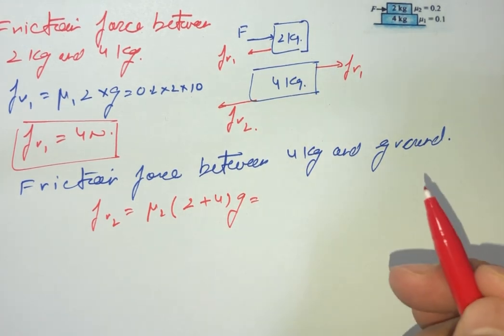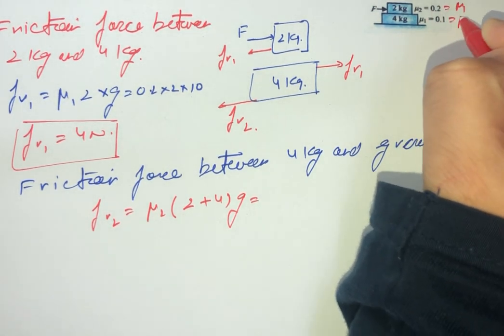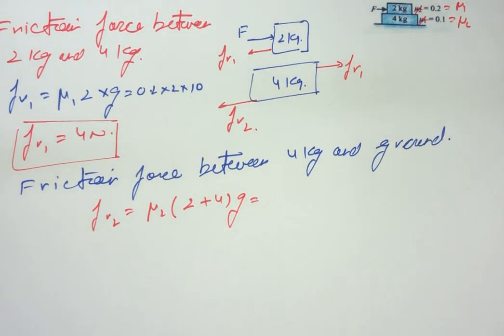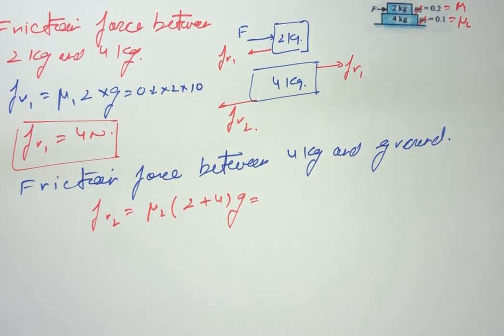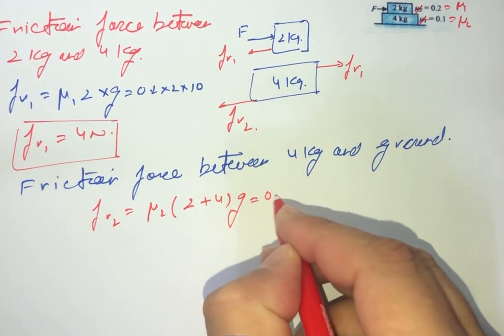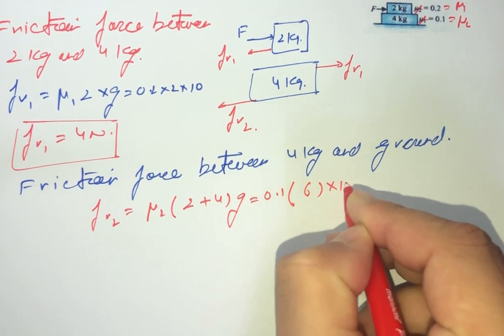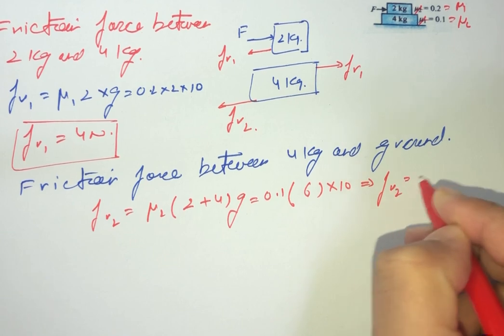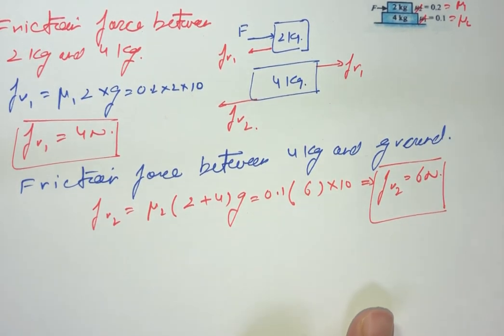Okay, my mistake. Let us call this mu1 and this mu2. So mu2 now will be equal to 0.1, and this will be 6 multiplied by 10. So we get Fr2 as 6 newtons.